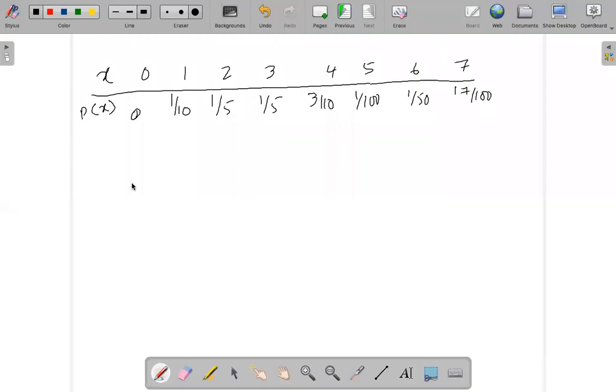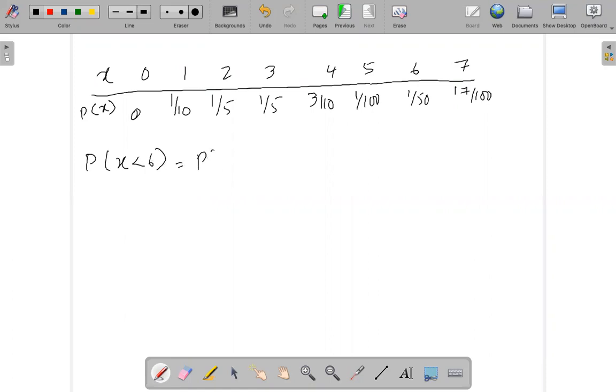So after substituting the value of k as 1 by 10, we formed a new table. Now let us proceed to find the value of P of x less than 6.